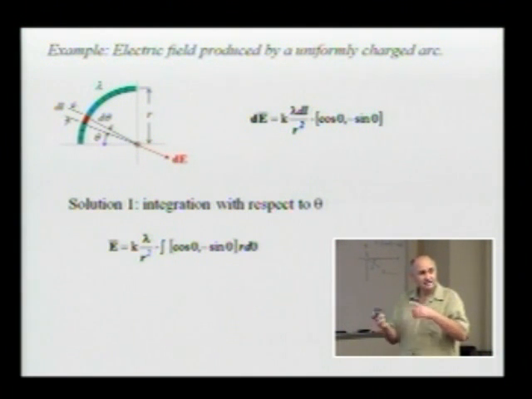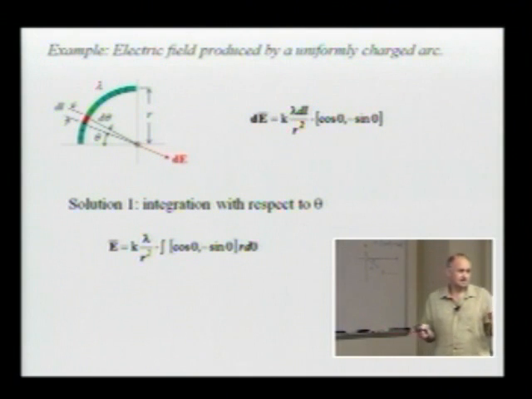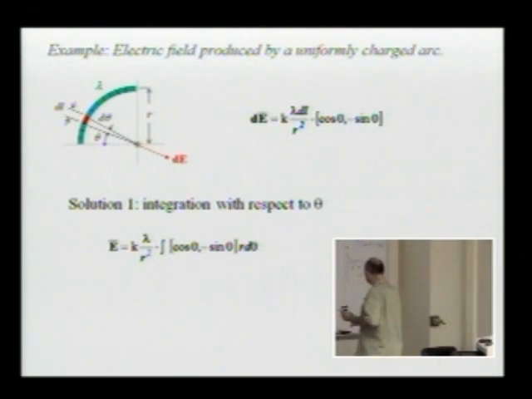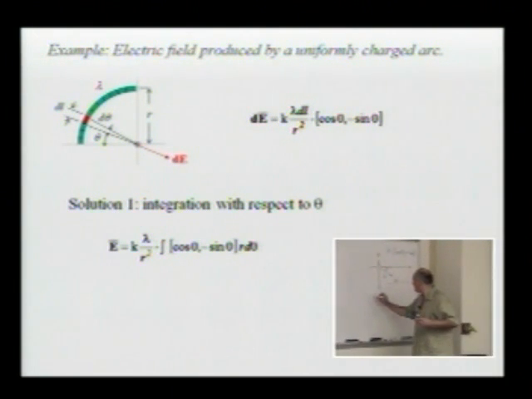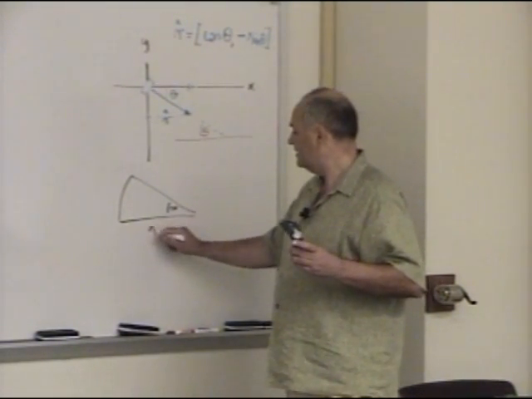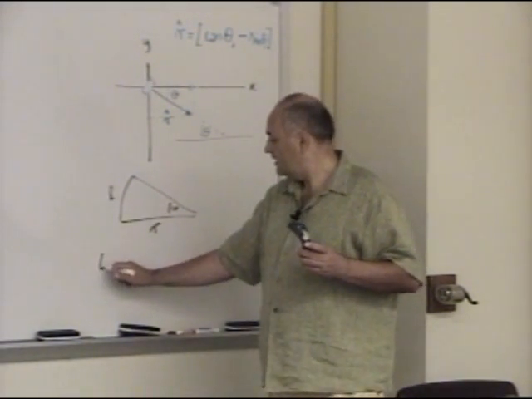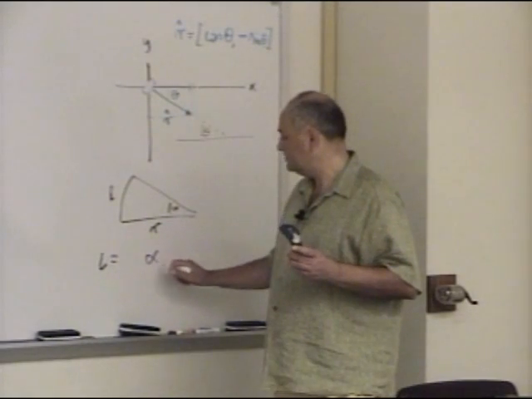Yeah, how length is related to angle is geometry. If we have an arc, and this angle over here is alpha, let's say radius is r, length is L. How is length related to angle?